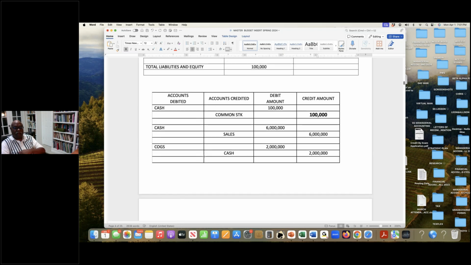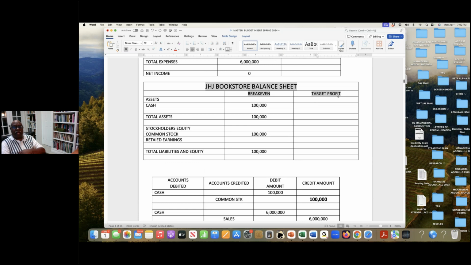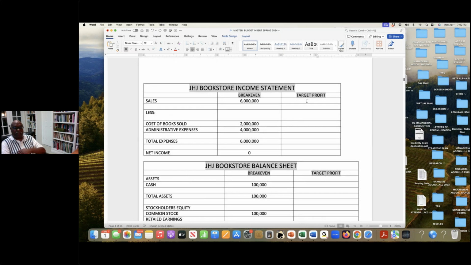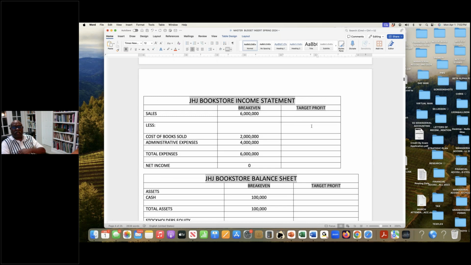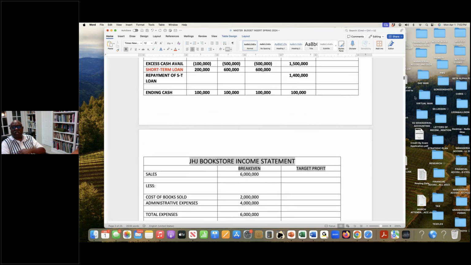You got to make your regular journal entries. I want to see the balance sheet. You got the one for break even, put it last. The income statement, put it right there. So is it clear what I want?